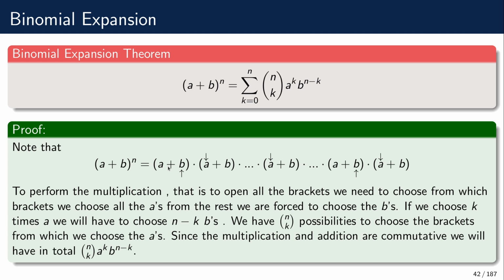And so since multiplication and addition are commutative, the order in which we chose them doesn't matter. And so in total, we will have n choose k terms of this form. And since we're doing it for every k, we need to sum over all of them to get this expression. And so, for example, there's only one way to obtain a to the power of n.